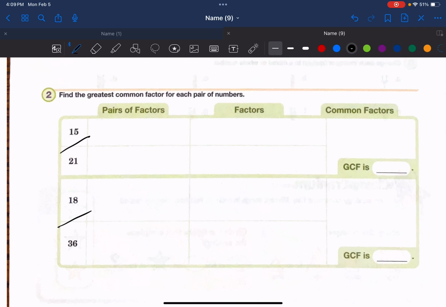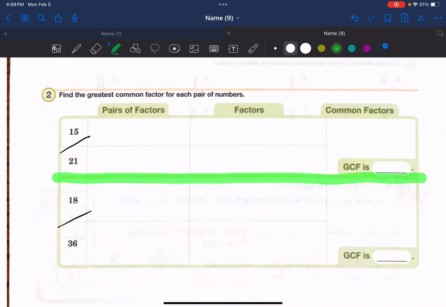They are a fraction. That's why there's this big green line separating them, because the 15 and 21, you're trying to find the common factors of those two, and you're trying to find the greatest common factor of 18 and 36. So keep doing that. I'll start one with you. I'll start 15.